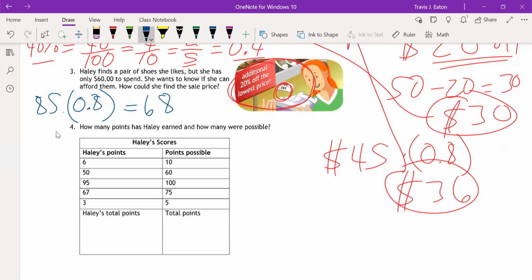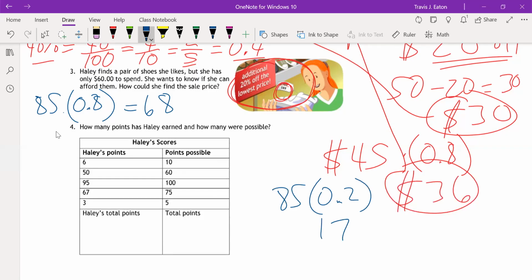Now, let's say we did it a different way. Remember 85, we're going to multiply that times 20%. That's $17, right? So 85 multiplied by the 20%, which would be 0.2, that's 20%. And we'll talk more about this later.